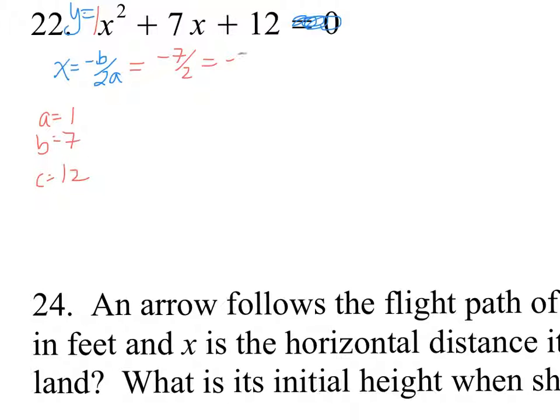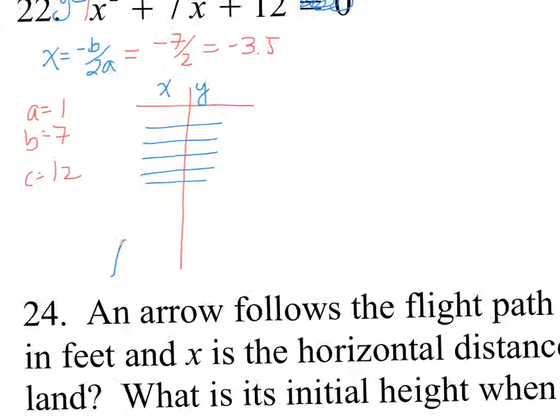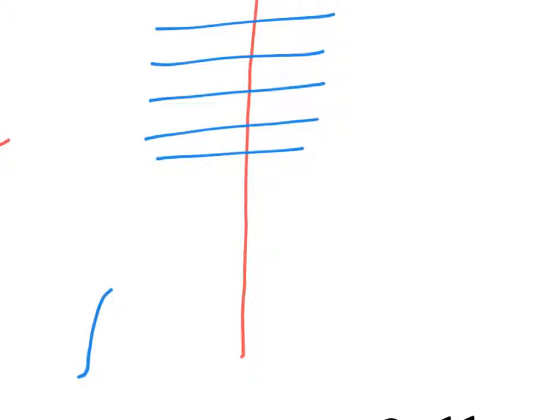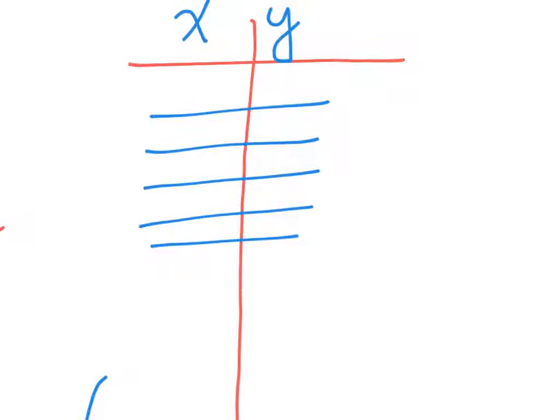So negative 3.5. That's where I'm stuck. Okay, so that tells us this. You make a table of values, x and y. And we'll put here negative 3.5.